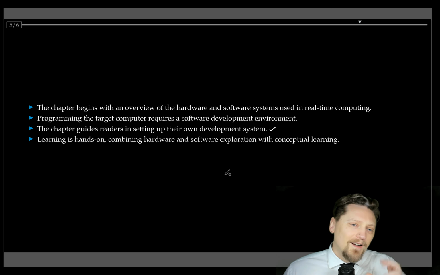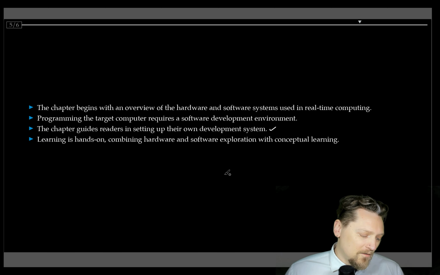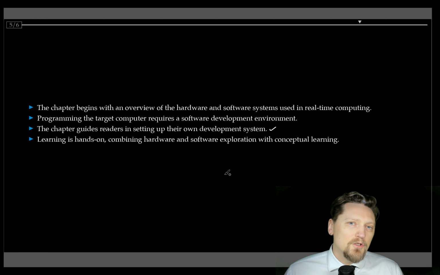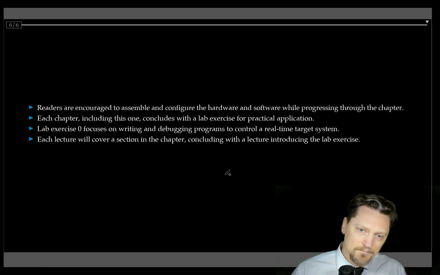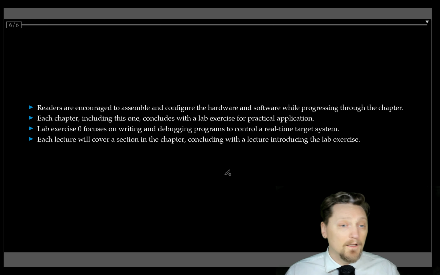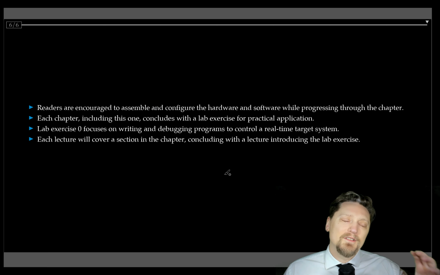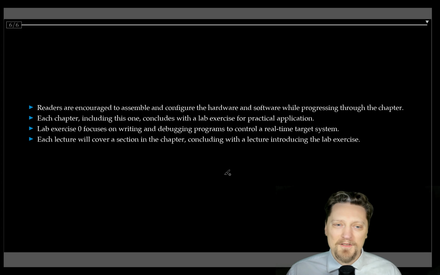They build on each other throughout the semester, so we have to go through it sequentially. Finally, readers are encouraged to assemble and configure the hardware and software while progressing through the chapter. For each chapter, we're going to go through theory-based topics, and then apply them in the lab exercise.